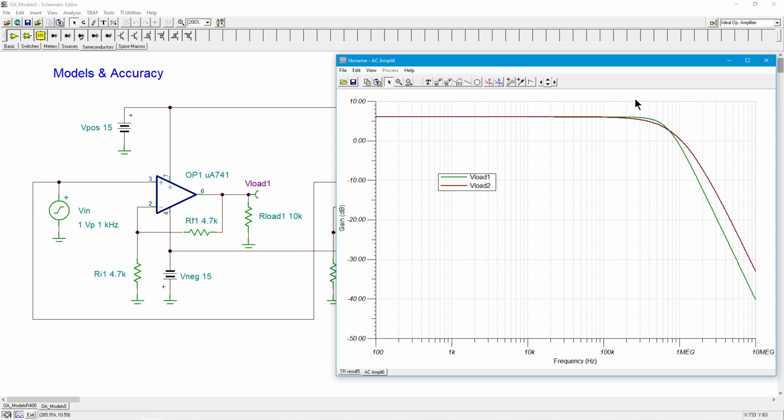But once we get past several hundred kilohertz here, the other model is actually showing a little bit more output. And at some higher frequencies, it's several dB higher, maybe as much as 10. Of course, you're in the stop band now, so it's not a big deal. But that may or may not be an issue for you if you're really worried about what's happening out here. If you're worried about what's happening here, either model will work.